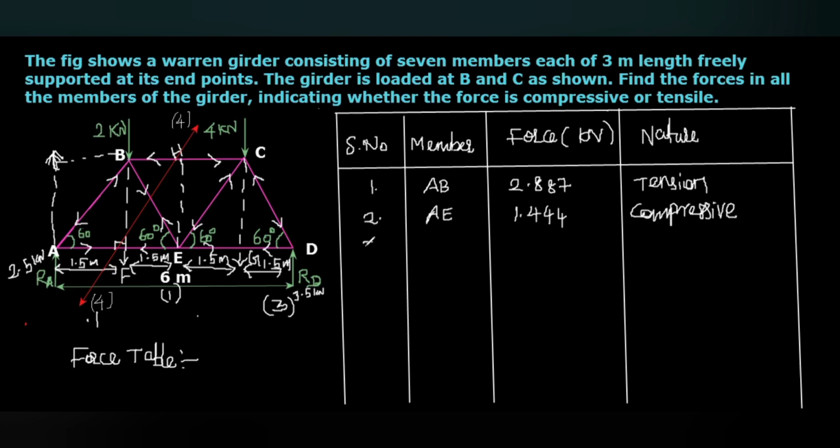The third one, the member CD, that is 4.042. It is also tensile in nature. After that, the fourth one, that is DE, 2.021, that is compressive in nature.